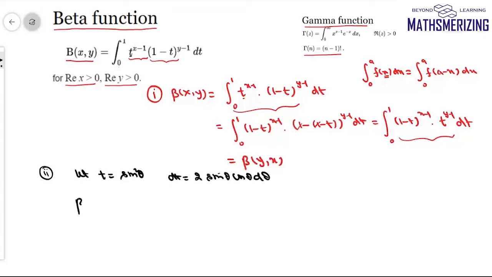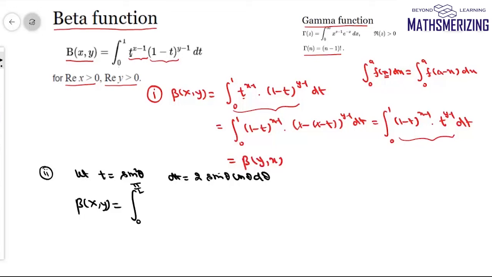So in that case, we'll write this beta xy as this integral. Now we'll need to put in the limits. So when t is 0, sine 0 is 0, so the value of theta is 0. And when t is 1, sine 90 is 1, so this limit is from 0 to pi by 2.